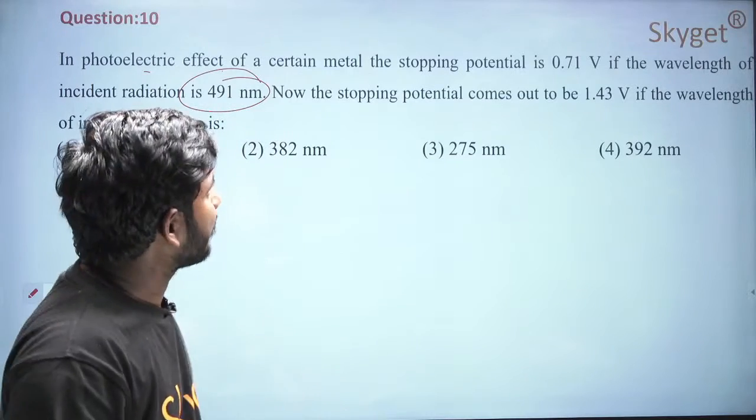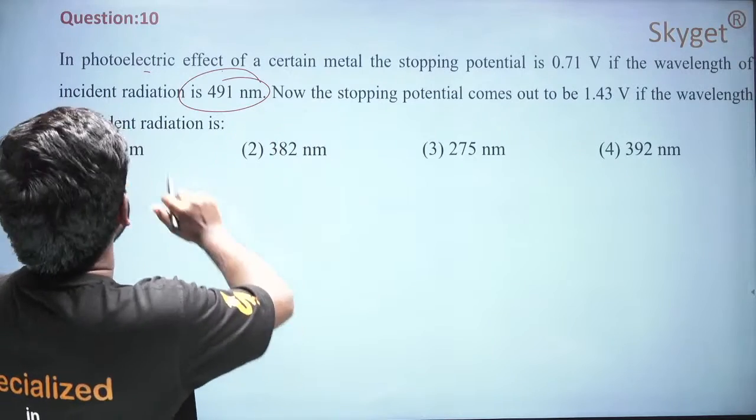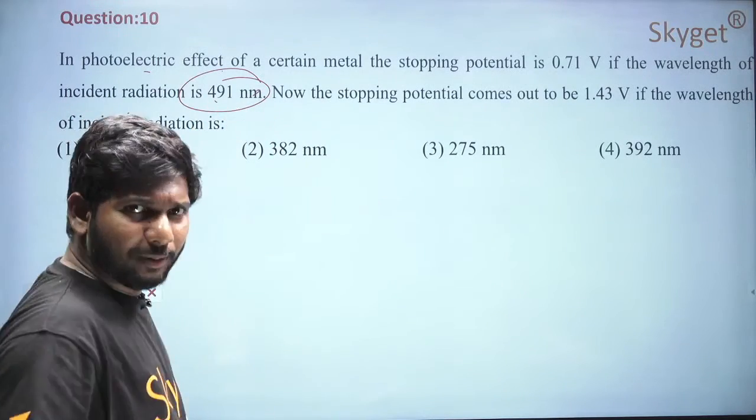So there are 2 situations here, students. Initially, on a certain metal, incident radiation is of 491 nanometers.